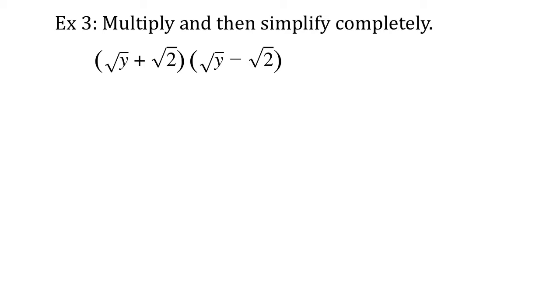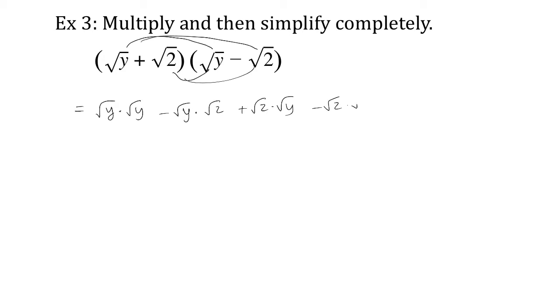All right, let's try one where we have binomial radicals. So we're going to multiply our square root of y times everything. And so then it's also being multiplied by the square root of 2. Okay, and now we're going to do the same thing with that square root of 2. Multiply that times the square root of y and also times the square root of 2. So square root of y times square root of y is just square root of y squared, that's just y.